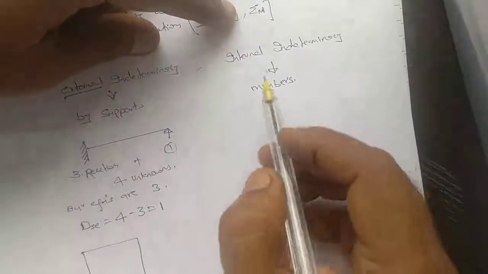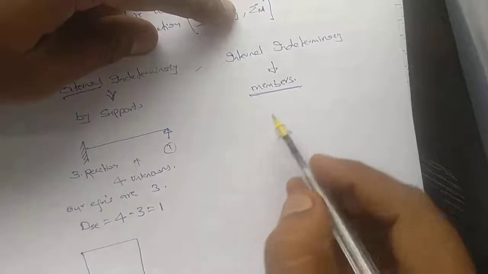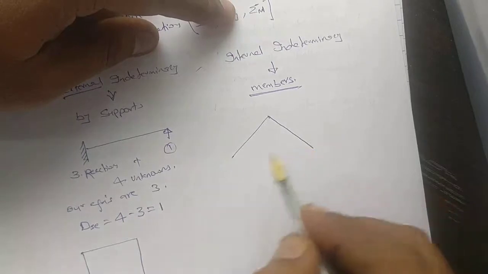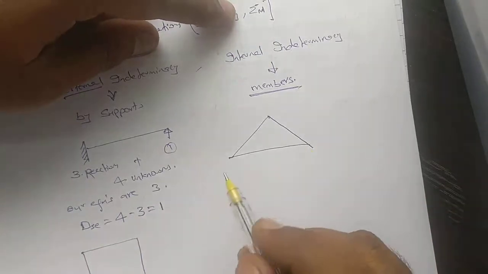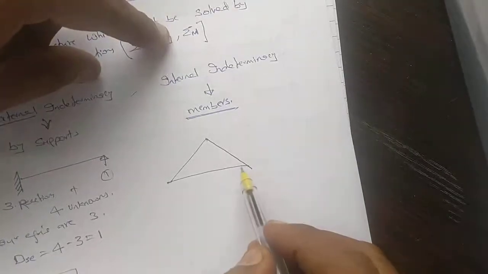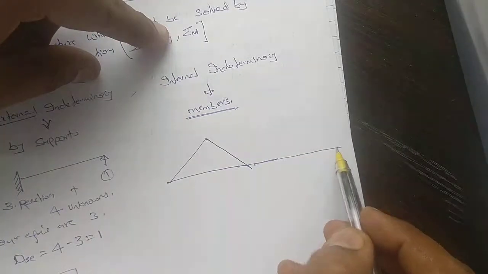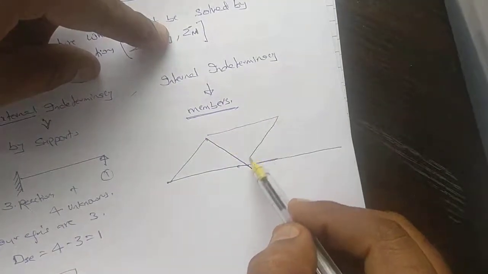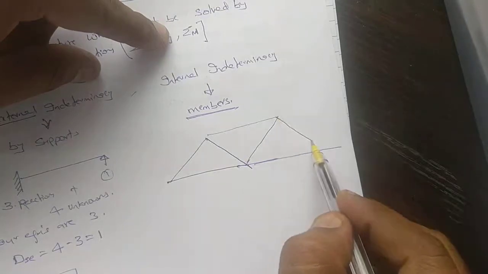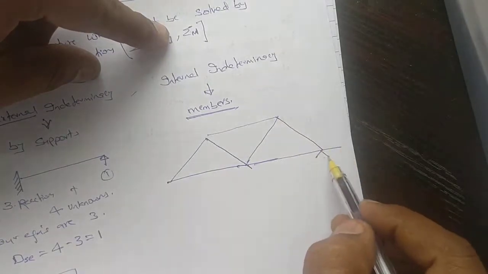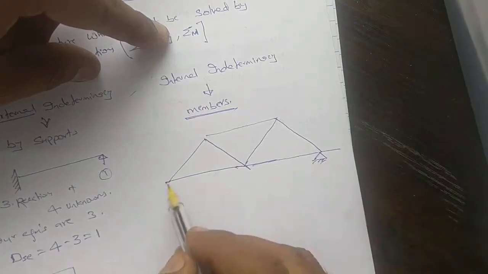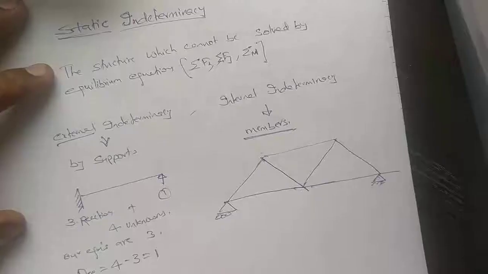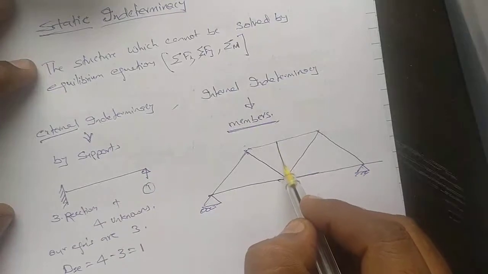Coming to internal indeterminacy, this is coming because of members. For example, you have a structure like this, you have this member.